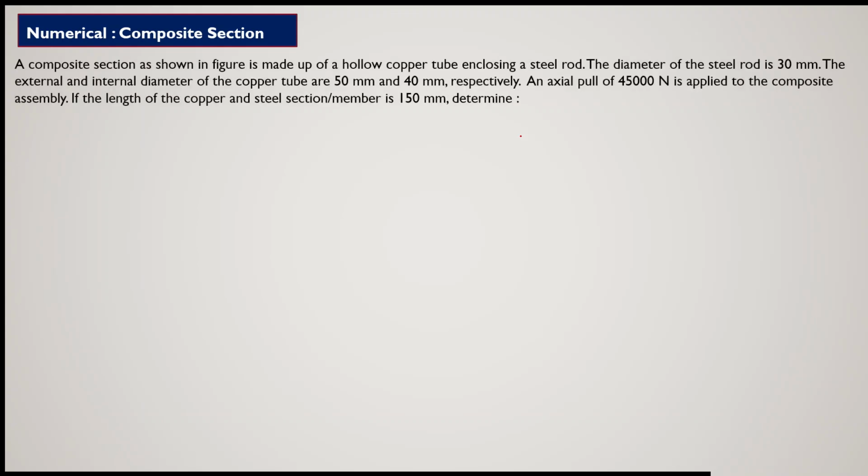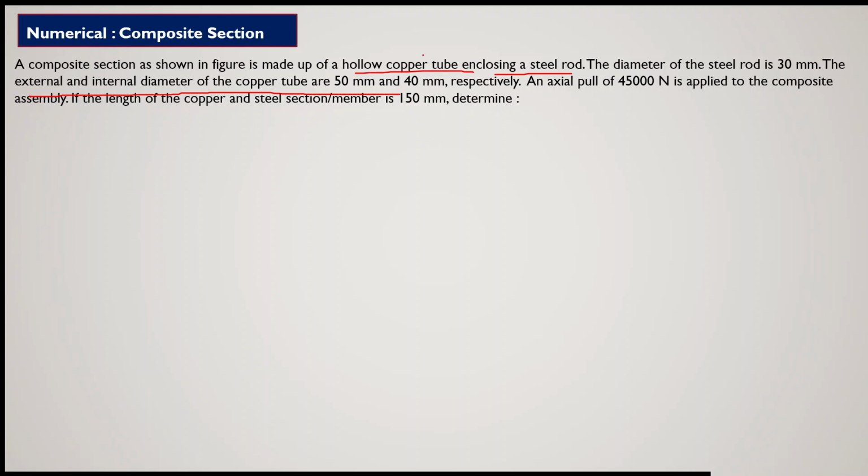Now let us go through one numerical of a composite section. The statement is: a composite section, as shown in the figure, we will draw a figure, is made up of a hollow copper tube enclosing a steel rod. That means we are placing a steel rod inside a hollow copper tube. The diameter of the steel rod is 30 mm and the external and internal diameters of the copper tube are 50 mm and 40 mm respectively.